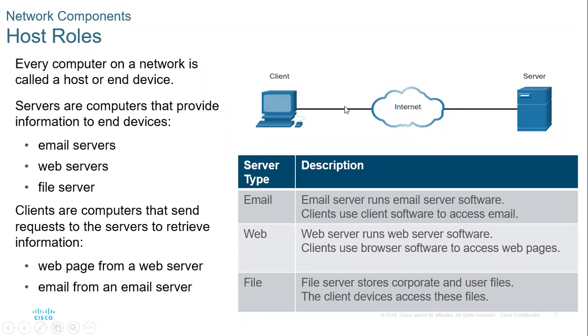So the email server runs email server software. The client uses client software to access email, like Gmail or Hotmail. The web server is used to access web pages, like we said before in another course, the database course, like a PHP server or IIS server.